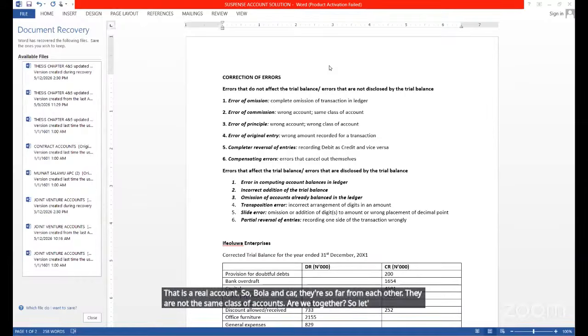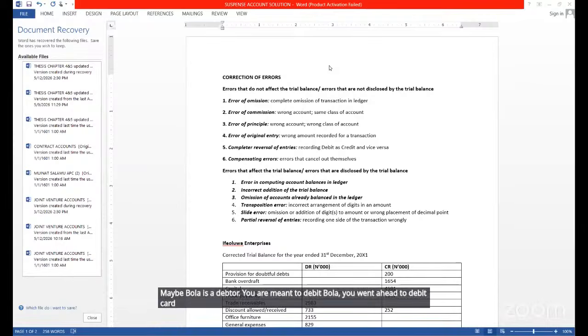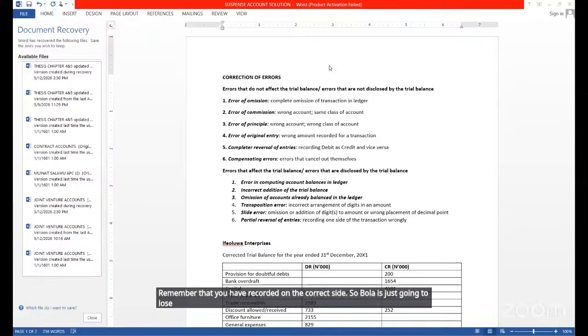So ma'am, let's say Bola, you're meant to debit Bola. Maybe Bola is a debtor. You're meant to debit Bola. You went ahead to debit car. Remember that you have recorded on the correct side. So Bola is just going to lose some amount, and car would have an extra amount the account should not have.